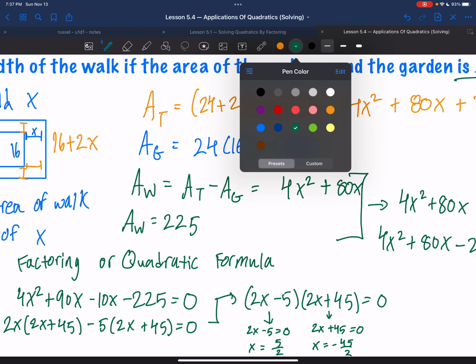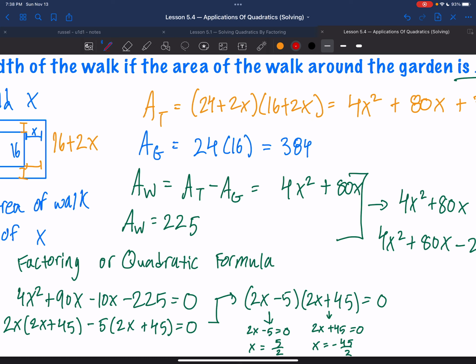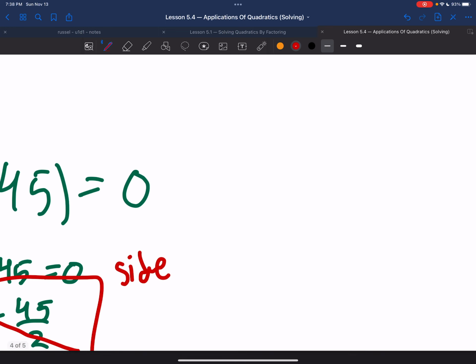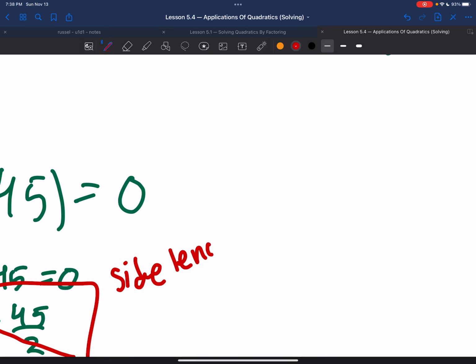But think about side length. Side length can't be, can you guess what I'm going to say?